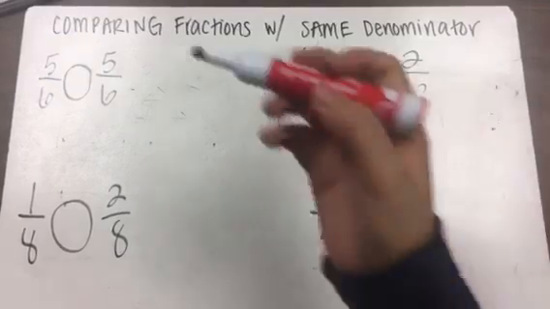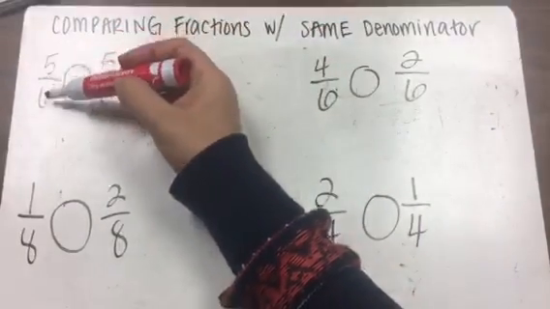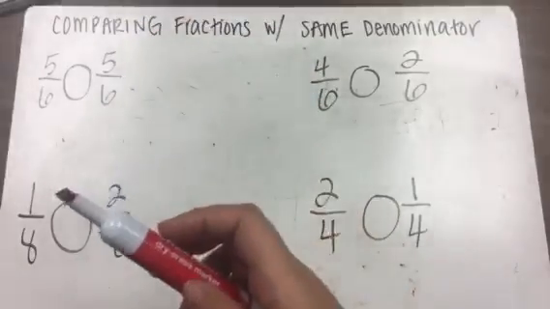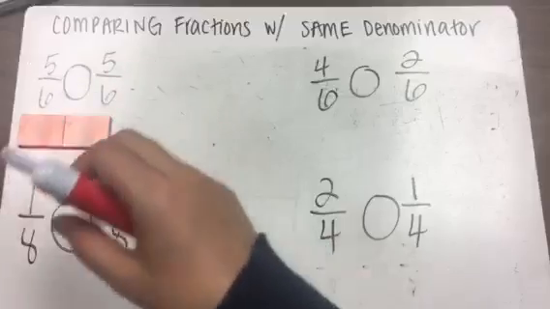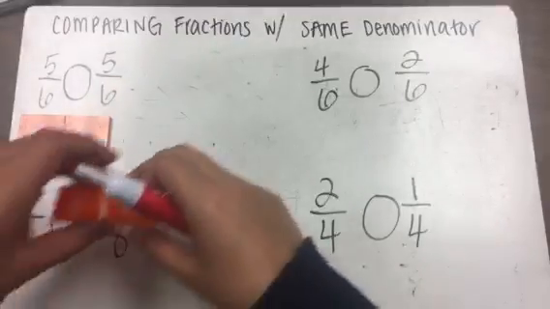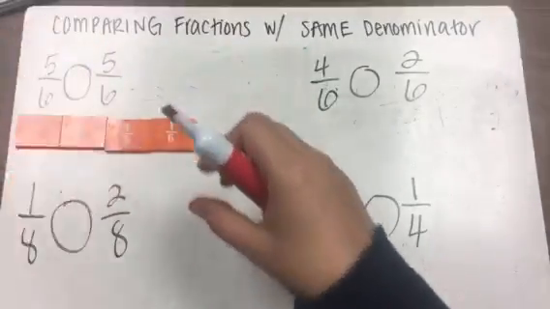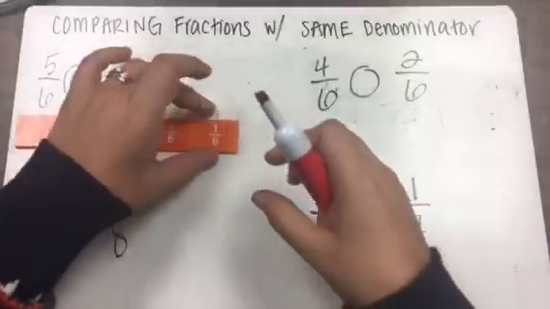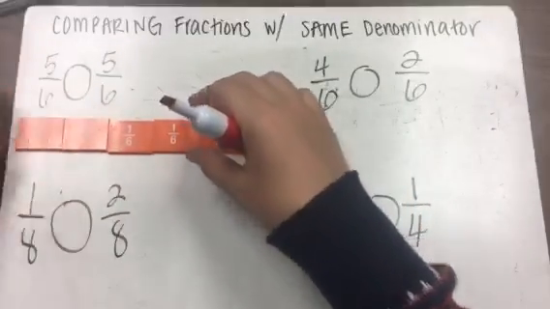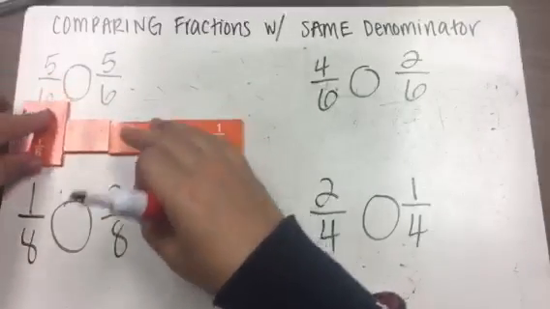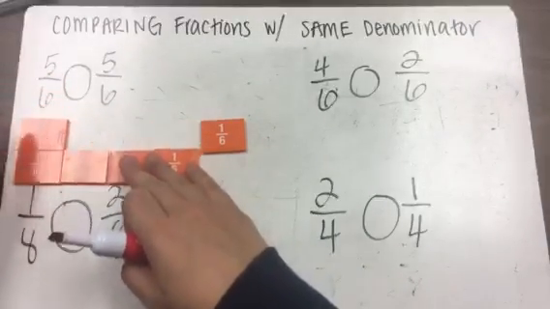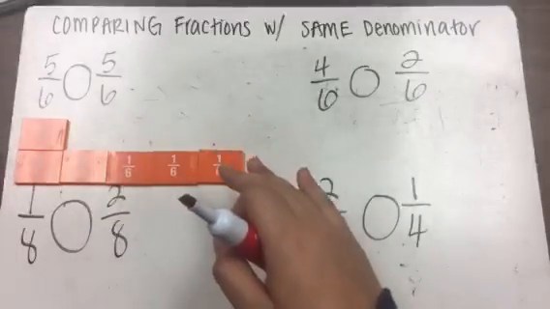So here we have 5/6 and 5/6. So this is 5/6. And if I have another 5/6, I can put it one on top of another, like so.